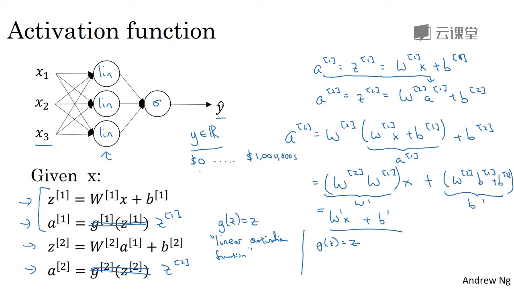But if y takes on these real values, then it might be okay to have a linear activation function here so that your output y hat is also a real number going anywhere from minus infinity to plus infinity. But then the hidden units should not use linear activation functions.